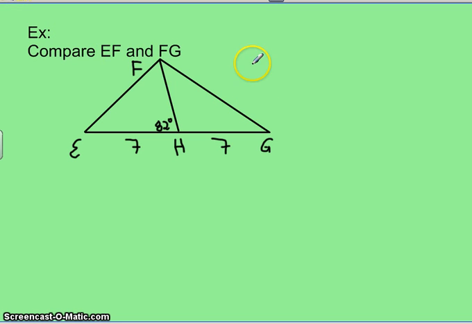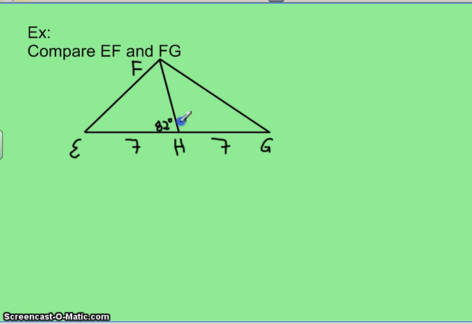Alright, let's move on here. We're supposed to compare EF right here with FG. Again, I see that we have the reflexive property. I see that we have both marked 7 for lengths here, which make H a midpoint also. And then we've got a linear pair sitting right here. So if this is 82, 82 plus what equals 180?